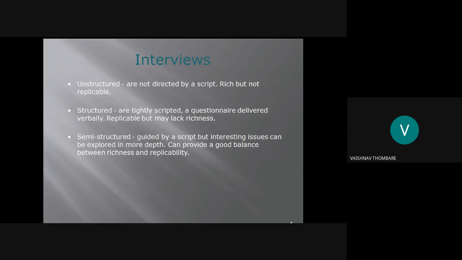Interviews. Unstructured interviews are not directed by a script, rich but not replicable. Structured interviews are tightly scripted, like a questionnaire delivered verbally, replicable but may lack richness. By combining these two types, there is a third type known as semi-structured.